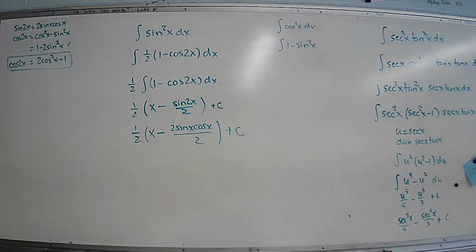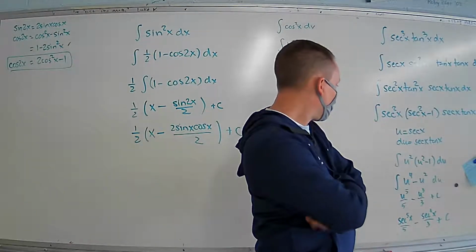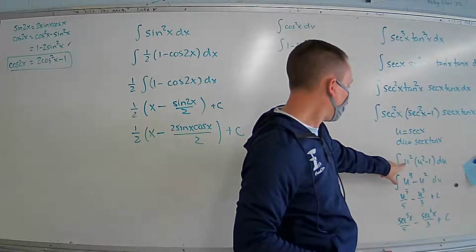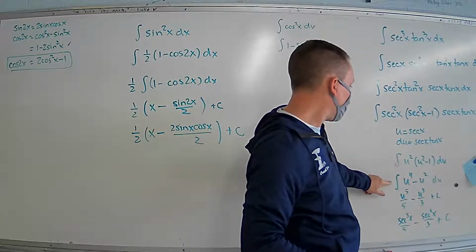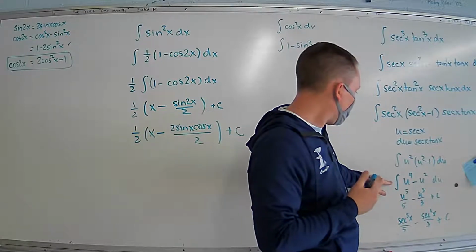You can't just make it u squared du. You have to keep doing u to the 4th minus u squared.